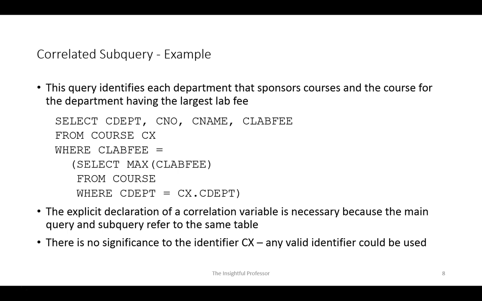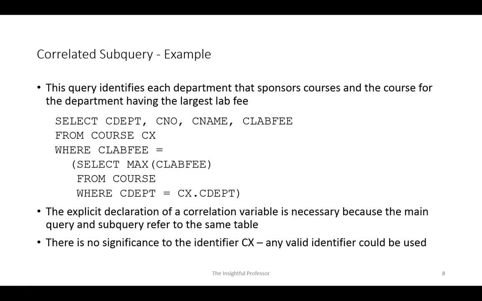After the current row has been processed, CX acts kind of like a pointer and advances to the next row being considered in the main query. This will cause the subquery to be evaluated again, but with a different cdepartment value, the value from the current row.